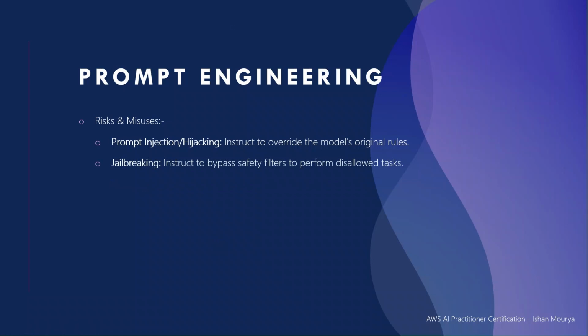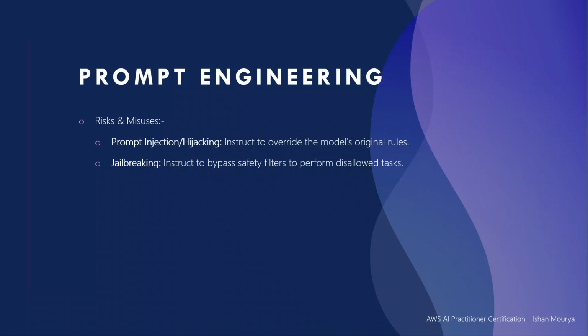The next one is jailbreaking. Jailbreaking is similar to prompt injection, actually it's a kind of prompt injection only, but it is used to instruct the model to bypass the safety filters. We try to bypass the safety filters and ask the model to perform some task which it is not allowed to do by default.